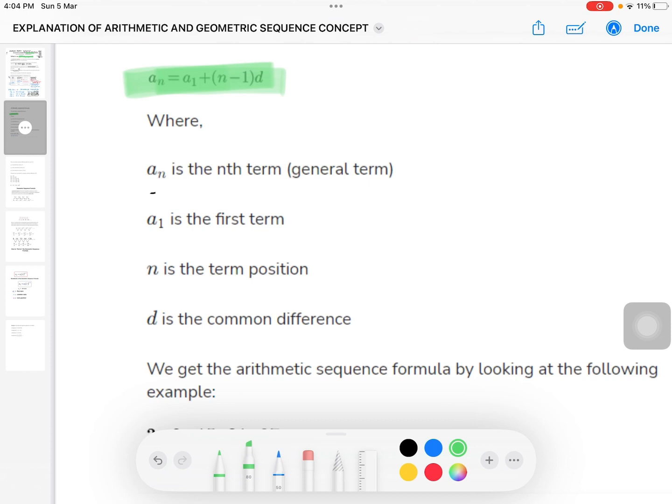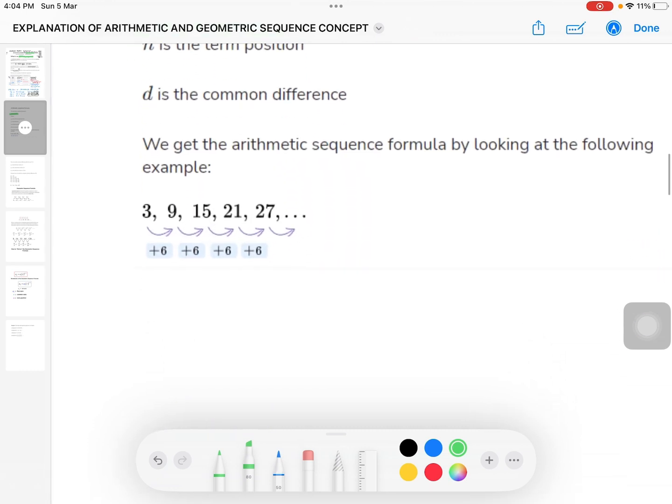Now I'm giving some examples to make it more clear to students. This is a question, an example.